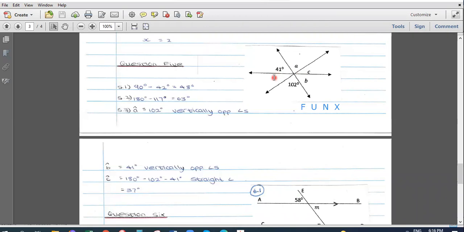There's no value for the angle opposite it, but we have a value for angle A. So you can work with angle A. If this is 41 and angle A is 102, then angle C will be 180 degrees minus 102 minus 41 degrees.